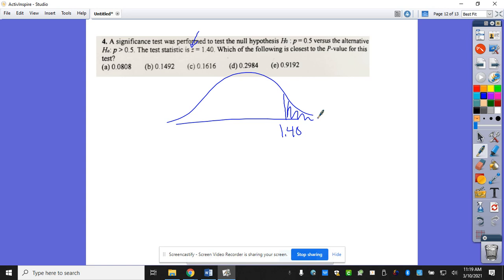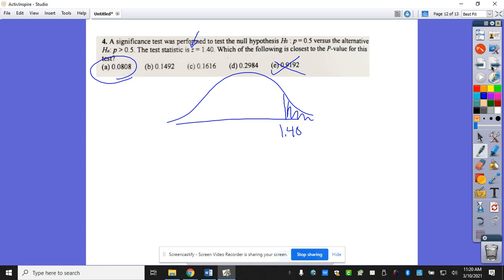Which answer is definitely wrong? Because I can't shade more than 90% to the right of a positive number. And then this one, just looking it up, either using your green sheet or using your calculator, and you get what is your answer? 0.0808.